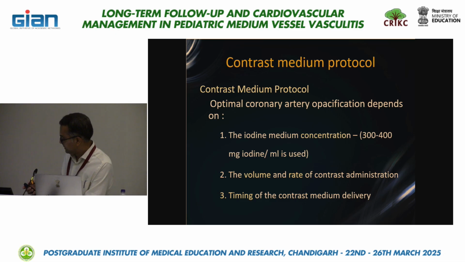Then the iodine concentration. These parameters are highly important for obtaining an optimal CT acquisition. A higher iodine concentration correlates well with higher opacification, along with the volume and rate of contrast administration and timing of the contrast medium delivery.